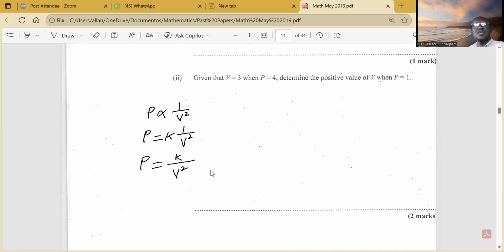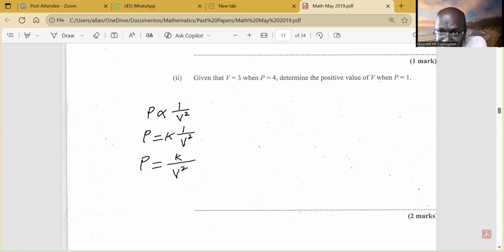Given that V is equal to 3 when P is equal to 4, determine the positive values of V when P is 1. What's the first thing I'm going to look for? The K, the constant. Correct.